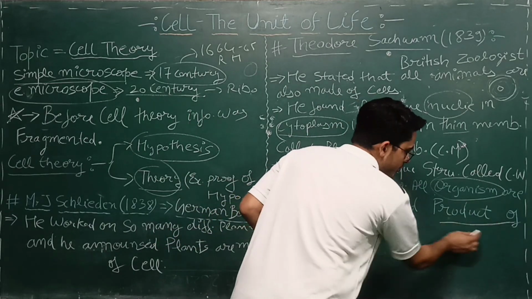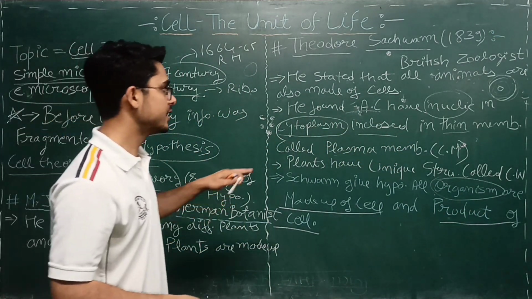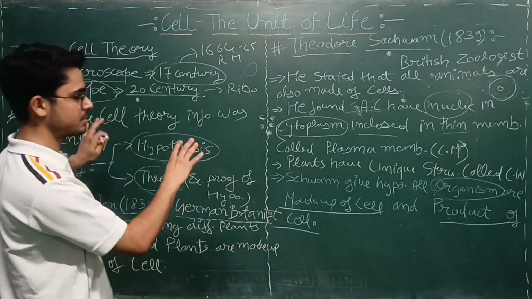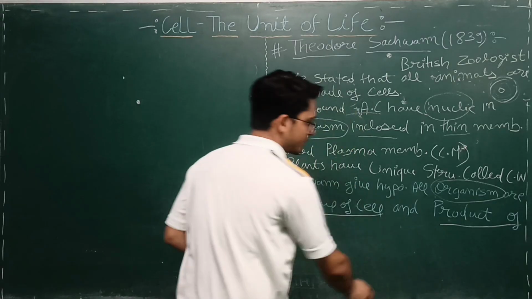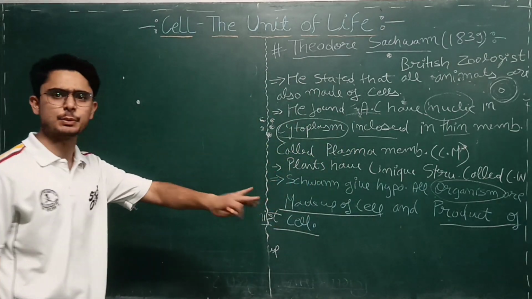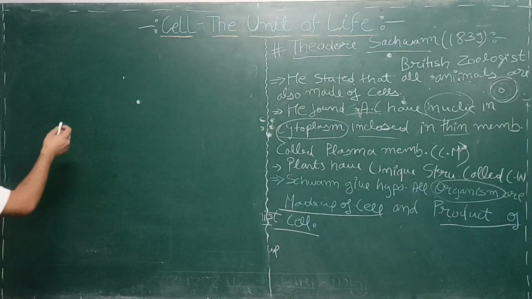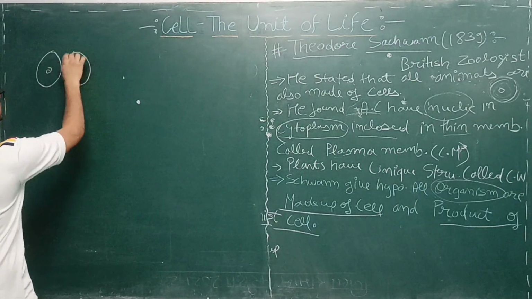Now, what is this product of cell? For that, I need to use this board, then I will explain everything again. So here you understand what is the product of cell. This is a cell. This is also a cell.